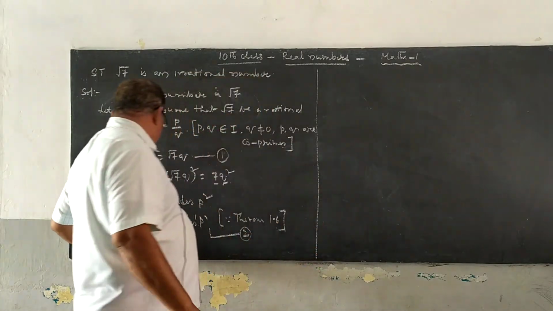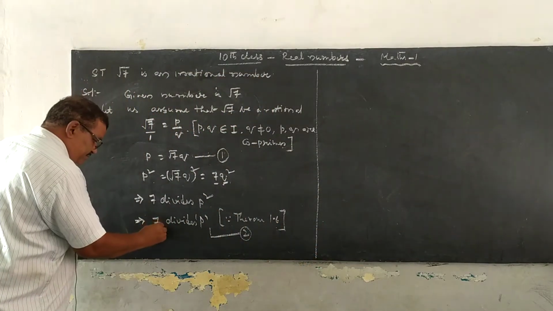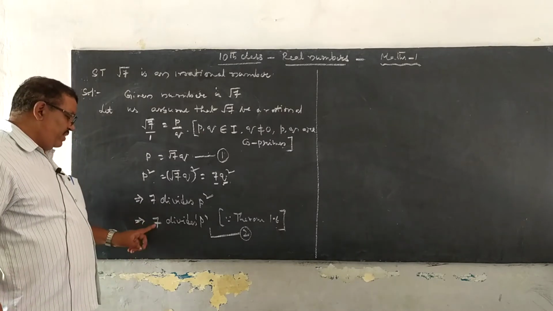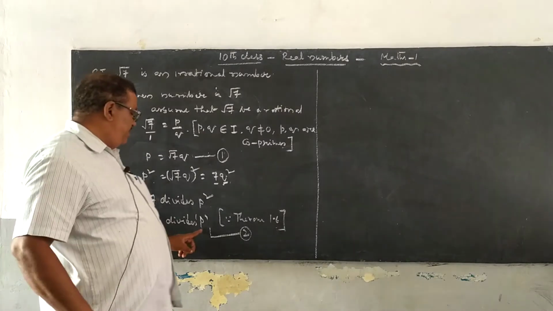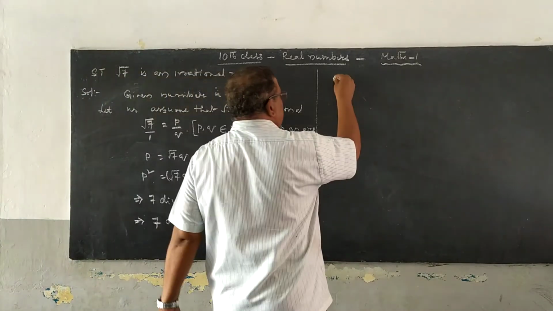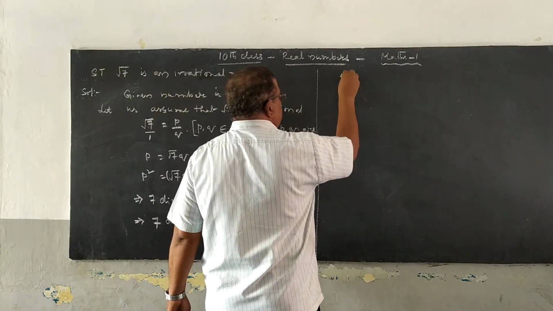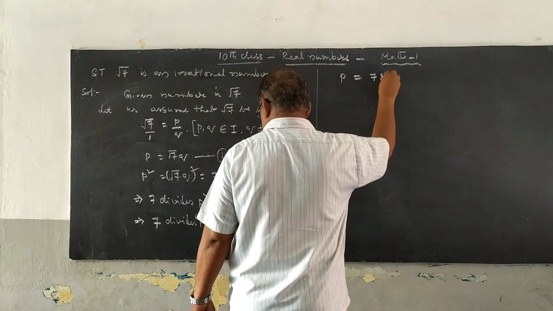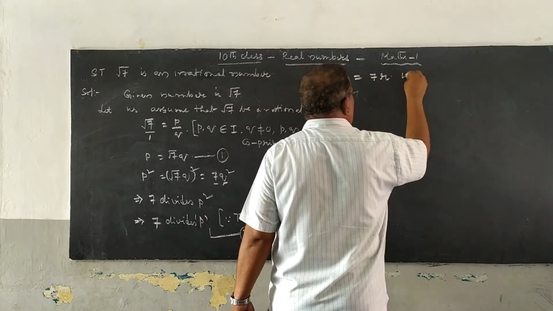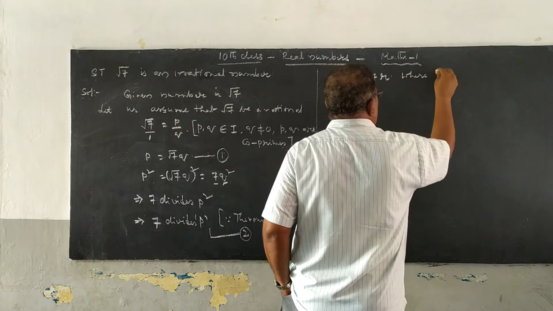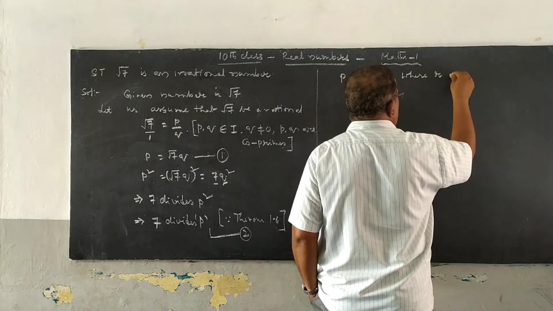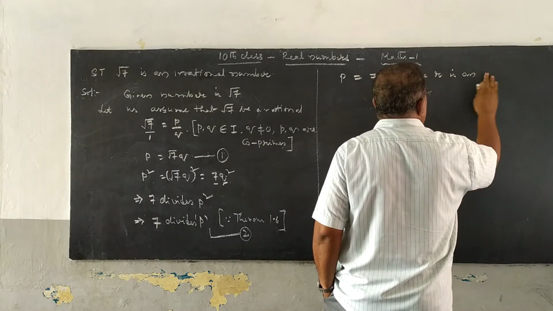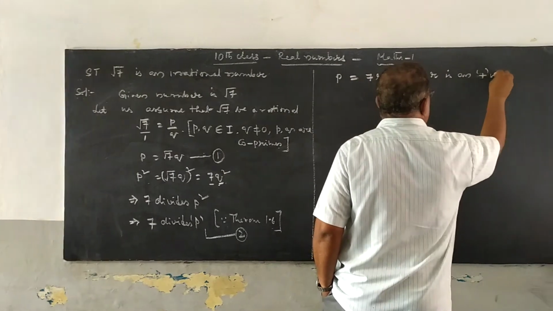Now when 7 divides p, p is a multiple of 7. That is why we take p equal to 7r, where r is some positive integer.